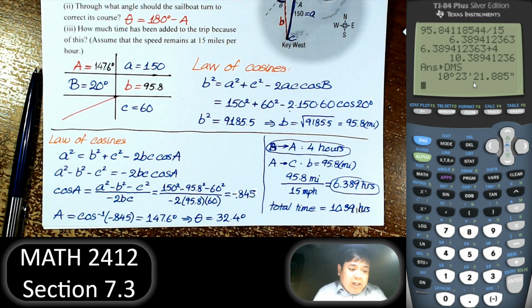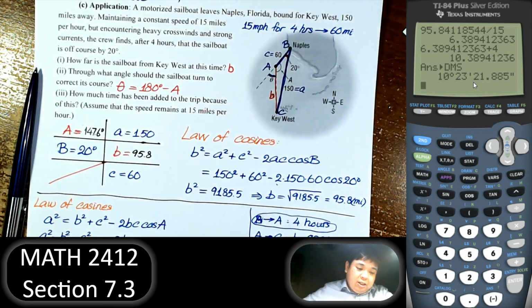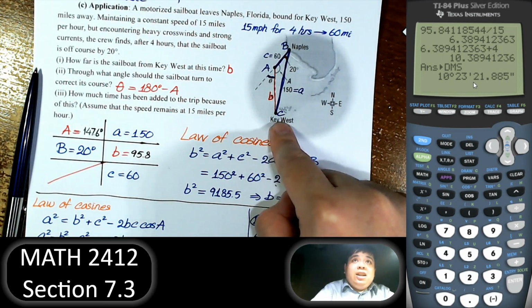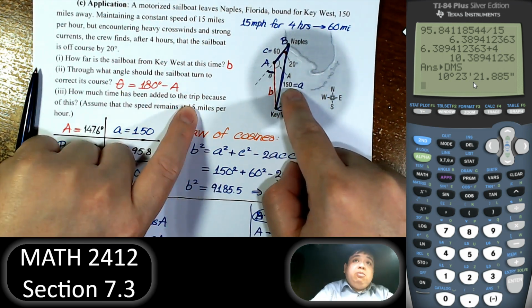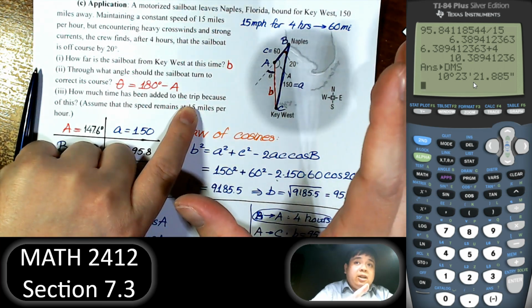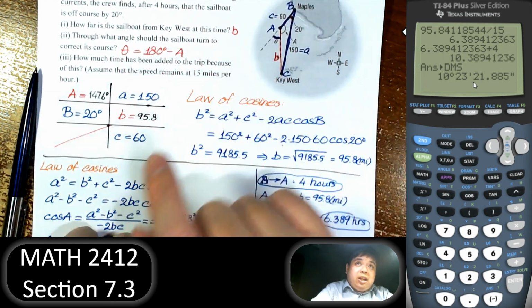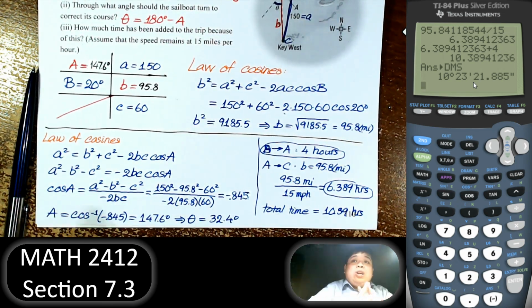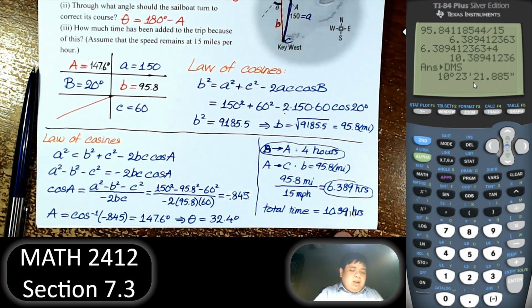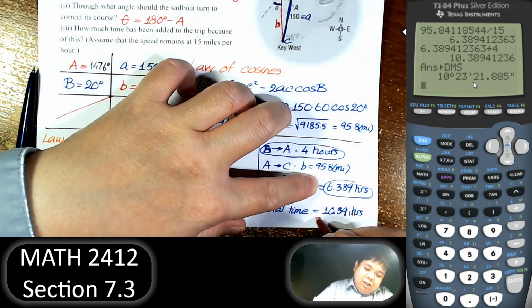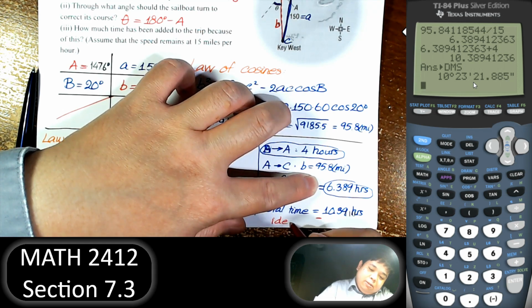However, if we go straight from B to C, that's 150 miles at 15 miles per hour. So if we go straight, that will take 10 hours. But because of the off course, we have an extra 23 minutes. So the total time is this, and of course, subtract the ideal time.